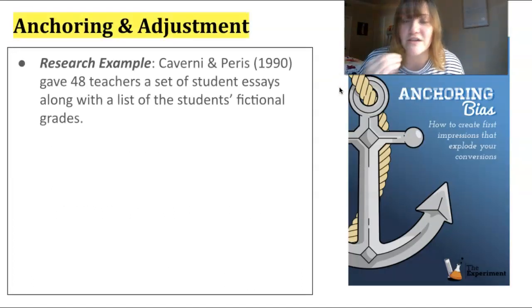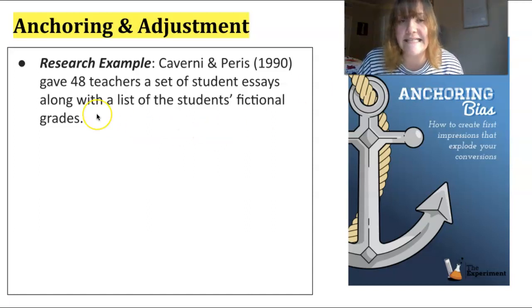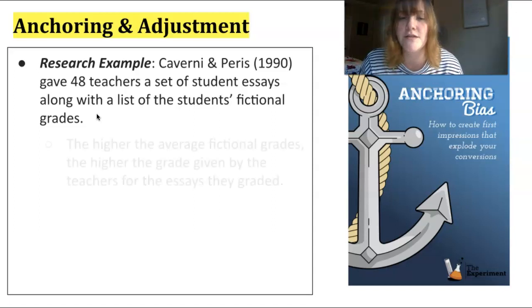Here is a research example, if you want a real research example that's also pertinent to y'all's life and mine, as a teacher and you as students. Cavenee and Perry in 1990 gave 48 teachers a set of student essays, and they also gave the teachers a list of fictional grades for all of these students.